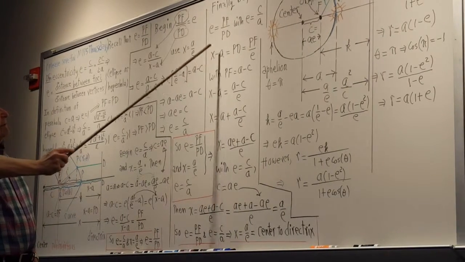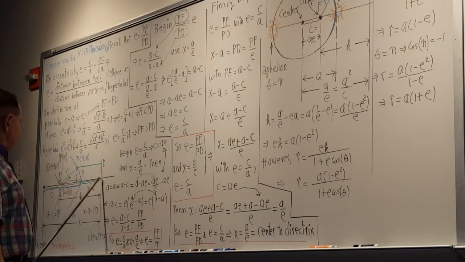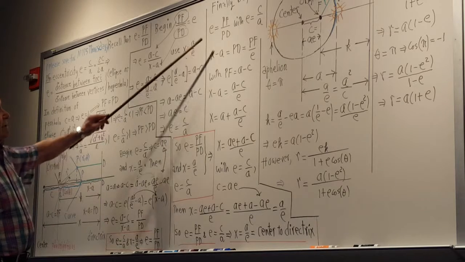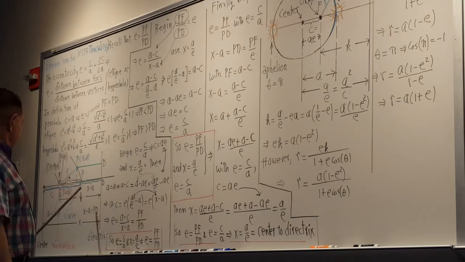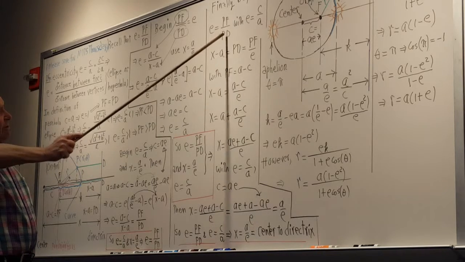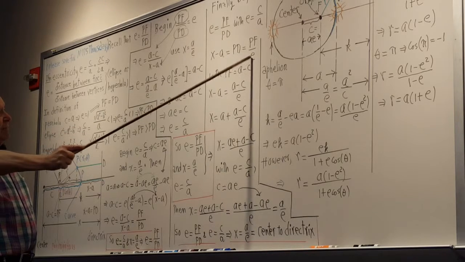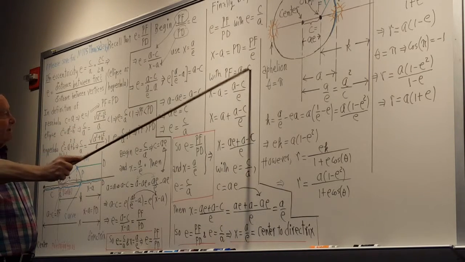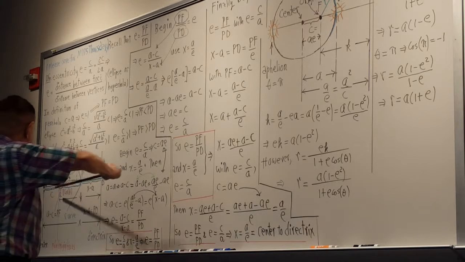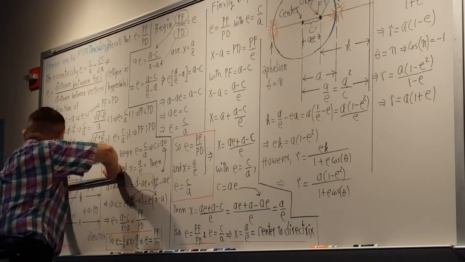So again, the X minus A from here, vertex to directrix, is your P to D, and so your P to D is PF over E, where your PF is A minus C. If you come down here along this line, P to F is the brown.